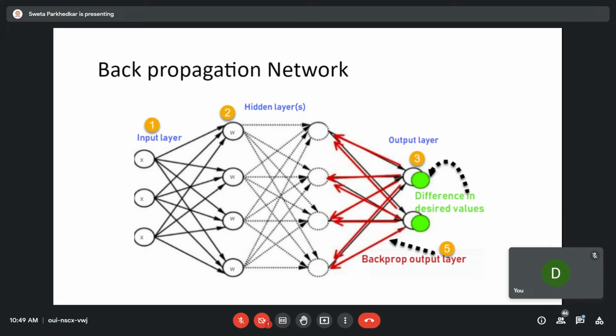So this learning algorithm is also applied to the multi-layer feed-forward network. जो XOR वाला problem आ रहा था in single layer, it was reduced by using the back propagation network of multi-layer perceptron.